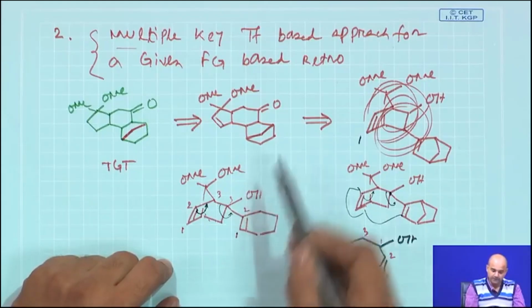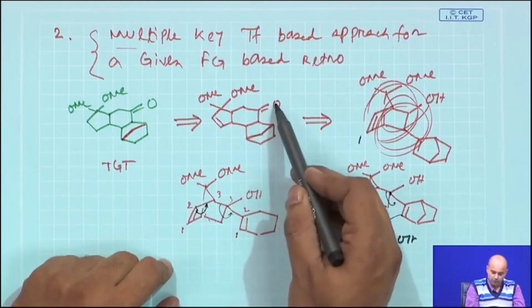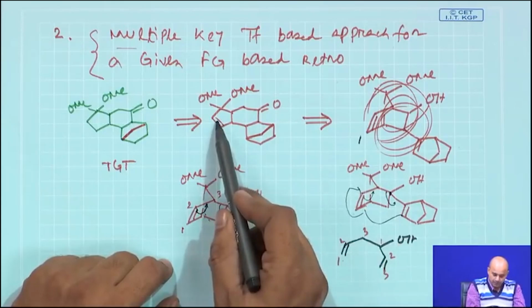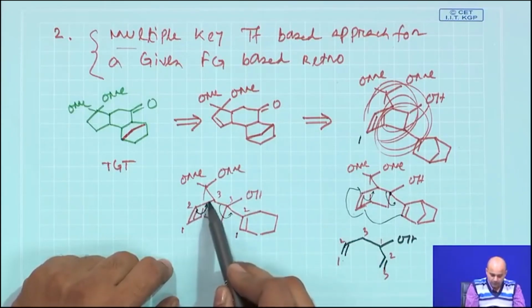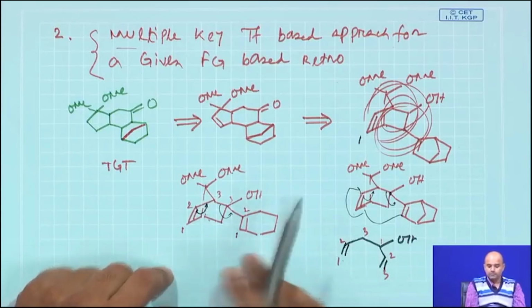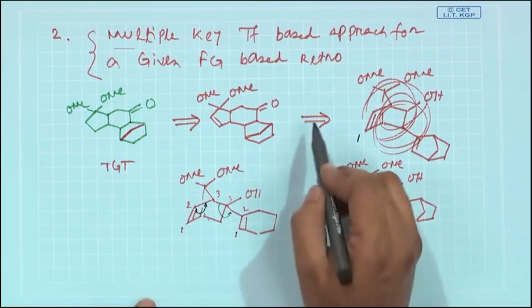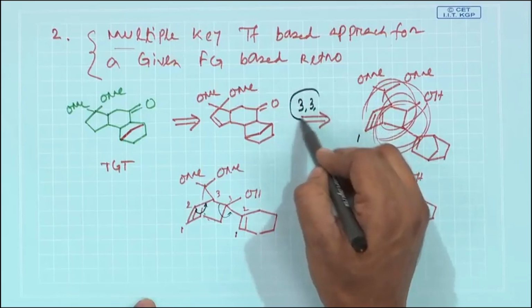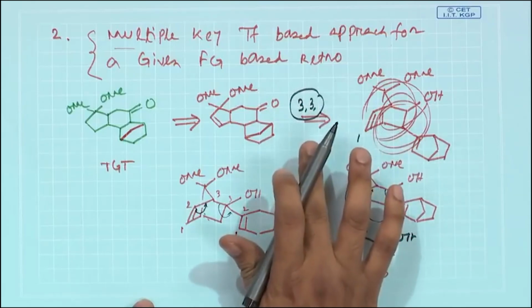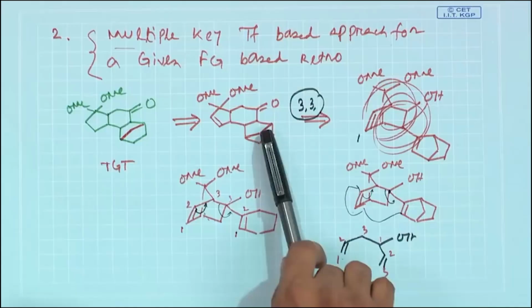Now, this enol tautomerizes to give you this ketone, and this particular pi bond is the pi bond which is now generated here. So, it is a clear case of a 3,3 sigmatropic rearrangement reaction, and that is in real practice how this structure can be correlated to this target molecule.